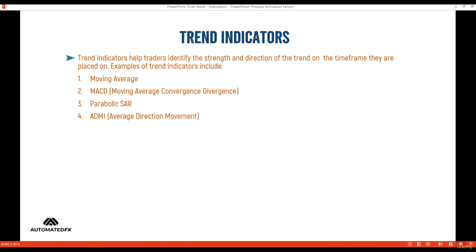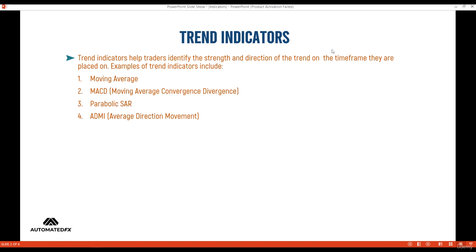Identifying the trend could be tricky sometimes because the market tends to be tricky sometimes. So many traders that do not want to do the hard work just place some of these indicators with different settings on their charts, and then they tend to get a clearer picture of what's happening in the market.